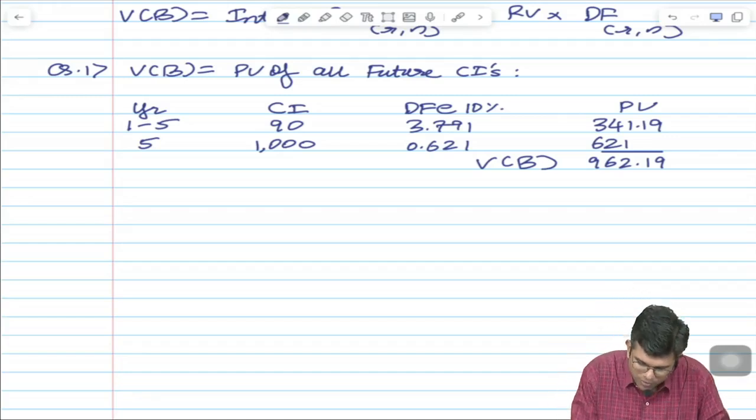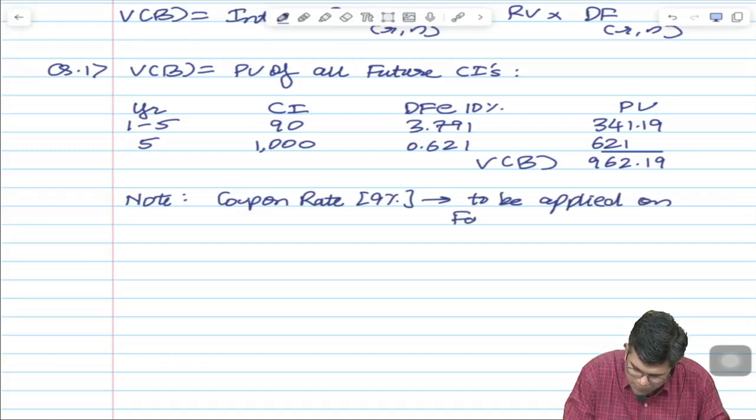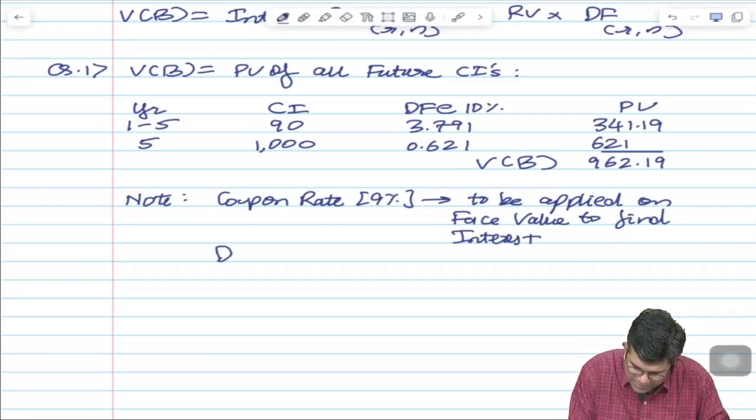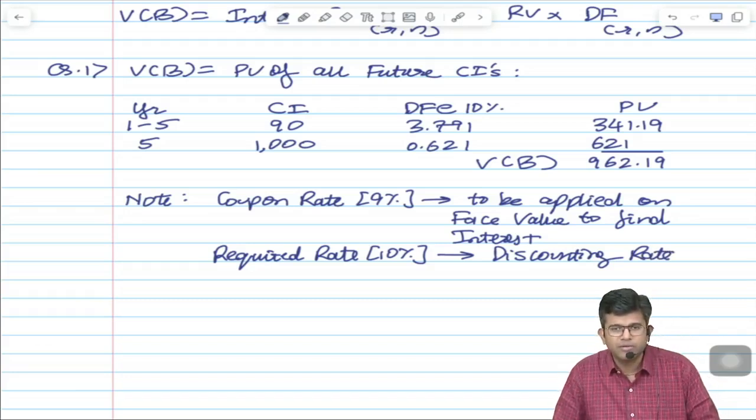Now I want to tell you a note. Coupon rate is to be applied on face value to find interest, but required rate is the discounting rate. I hope you're understanding. Both rates are different.